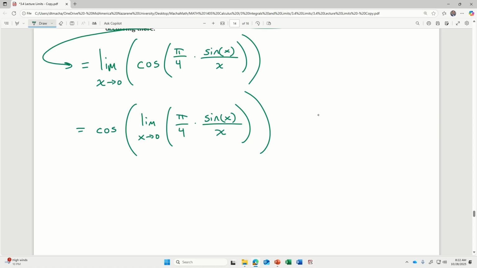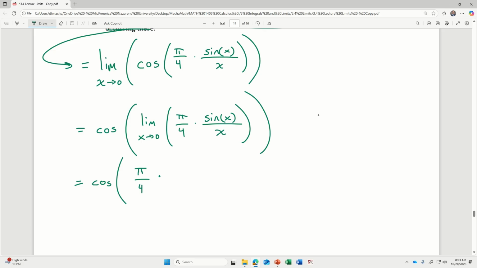And then on the inside of this limit, I'm multiplying two things. So I can take the limits of these two factors separately and then just multiply what I get. So the limit of pi over 4 as x approaches 0 is just pi over 4. And then what's the limit of sine of x divided by x as x approaches 0?